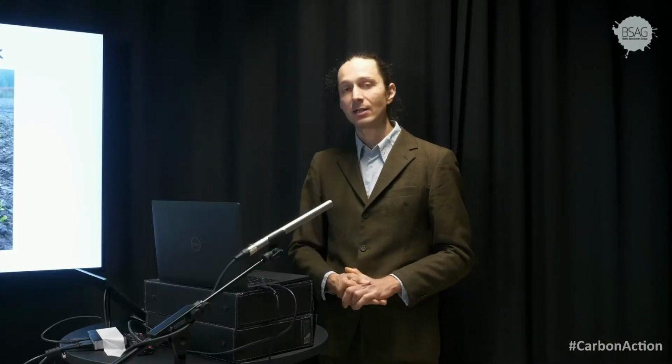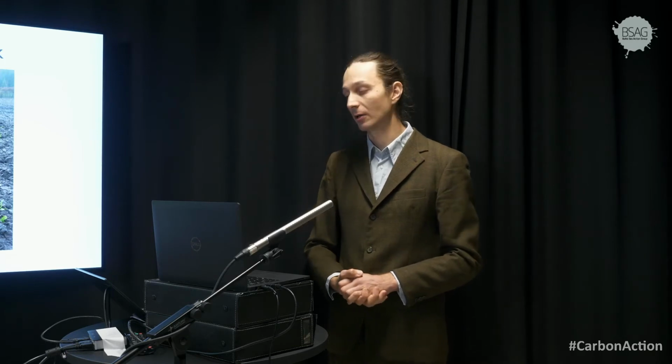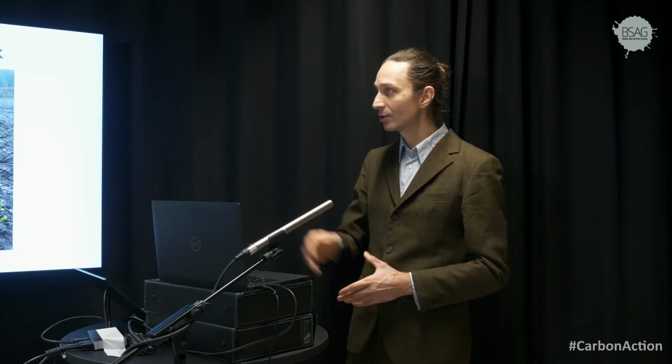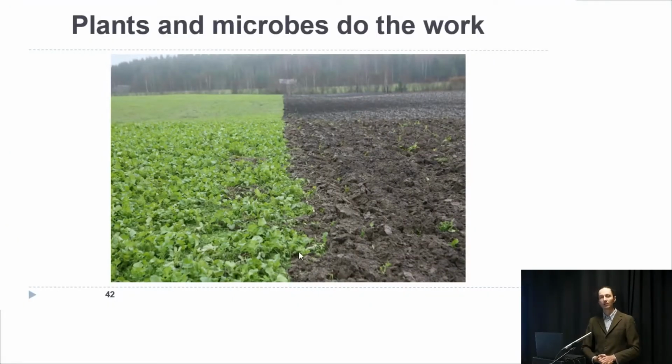So the key is to take care of soil health and microbial diversity and activity in the soil. This picture is from my carbon action trial plot, where we do a trial of continuous crop cover versus conventional plowing. And I already do see the results.